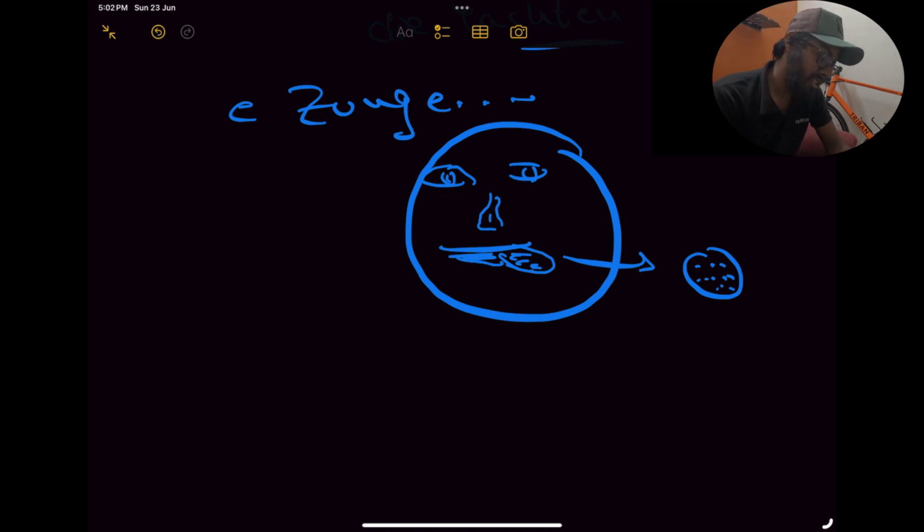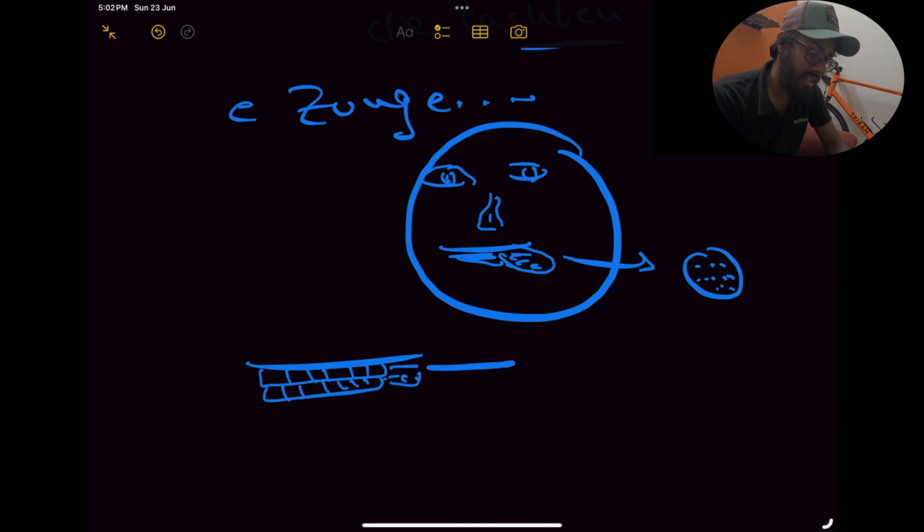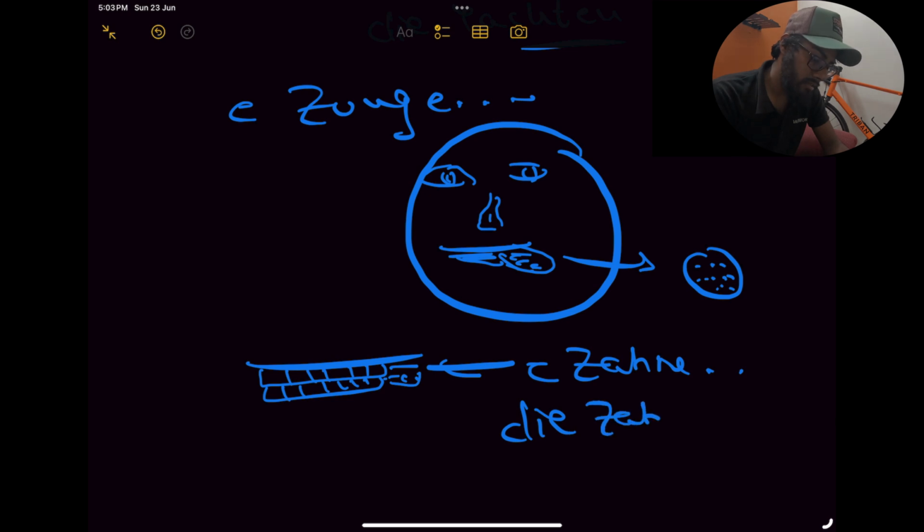So one more thing, you have these 32 things, right, near your Zunge, 1 2 3 32 whatever. So these are the Zähne, right, the Zähne.